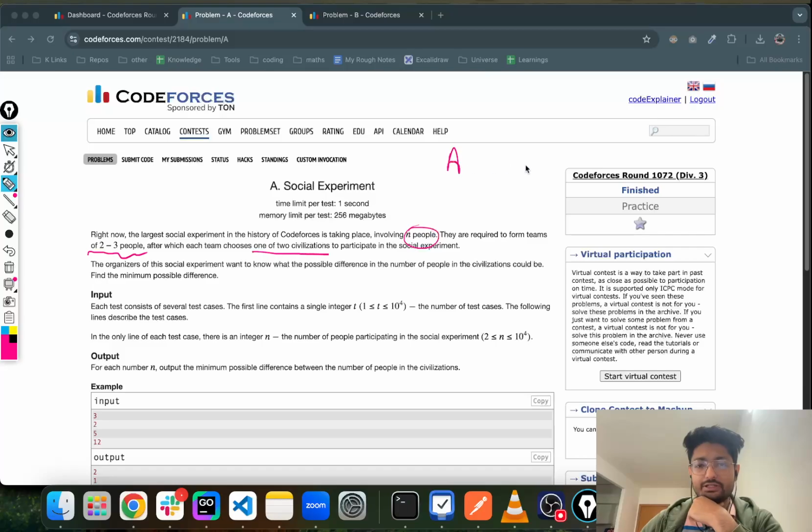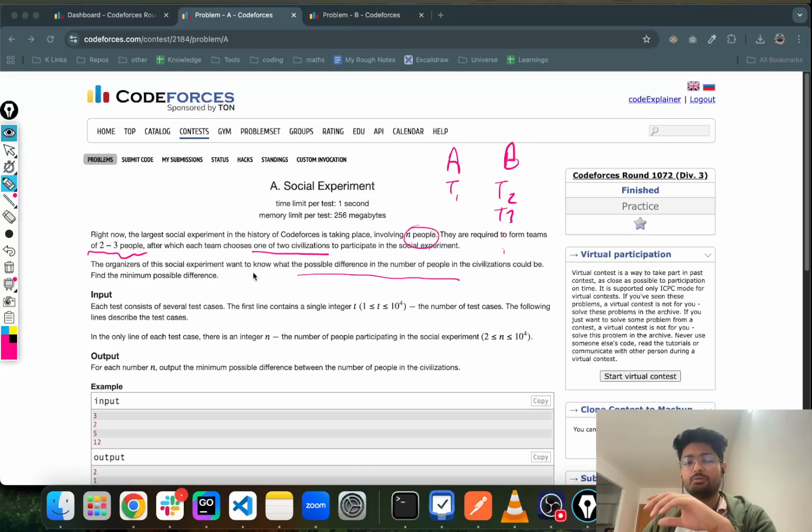So let's assume there is civilization A and civilization B. These teams either have to go to civilization A or civilization B. The organizers want the difference in the number of people in the civilizations to be as minimal as possible. So let's assume T1 goes here, T2 goes here, T3 goes here, and so on. I just want that the difference between these two civilizations should be as minimum as possible.